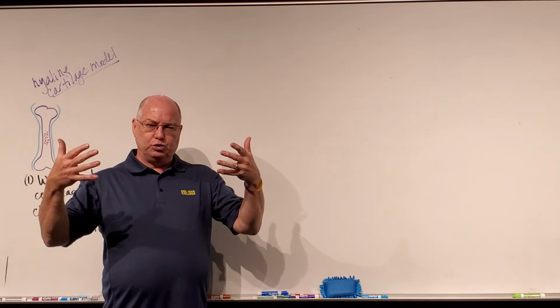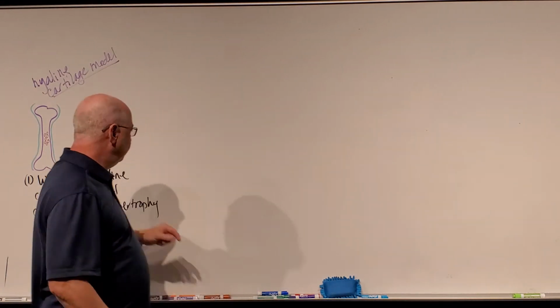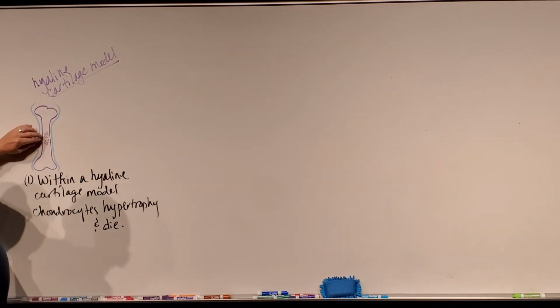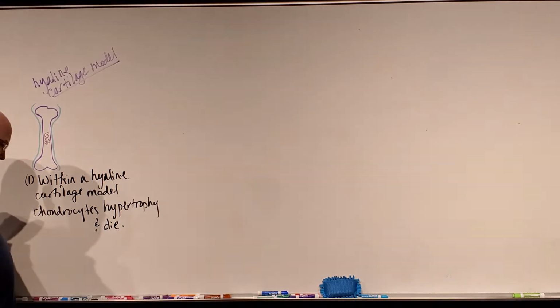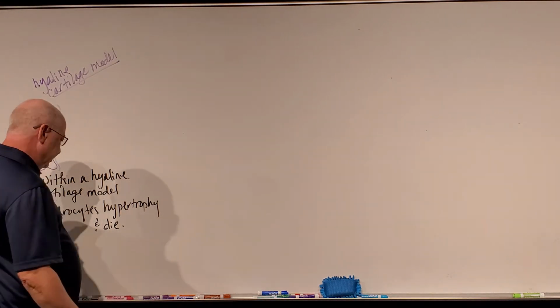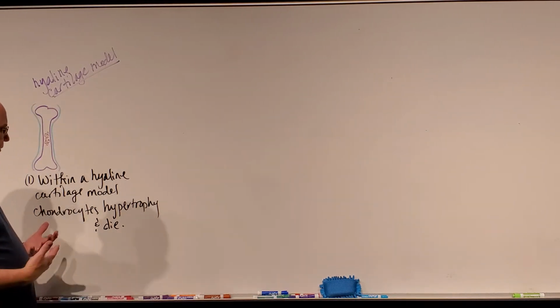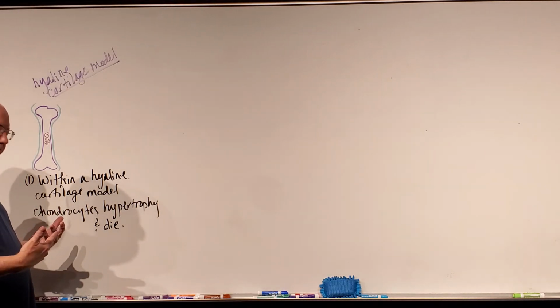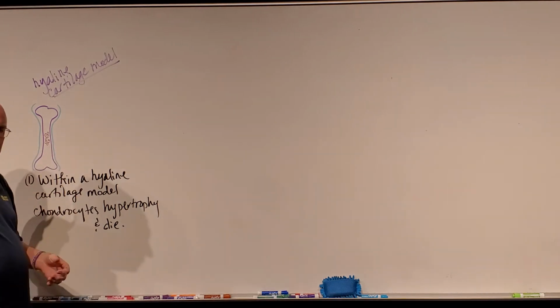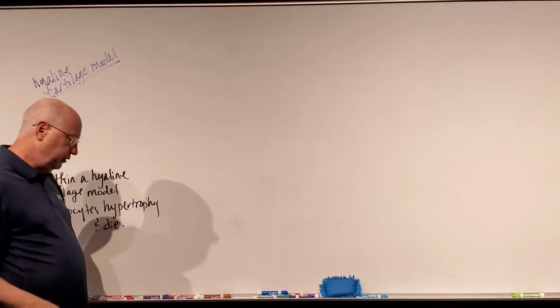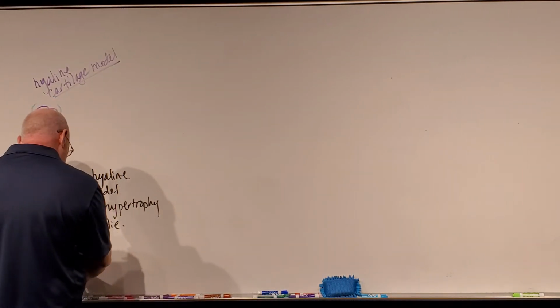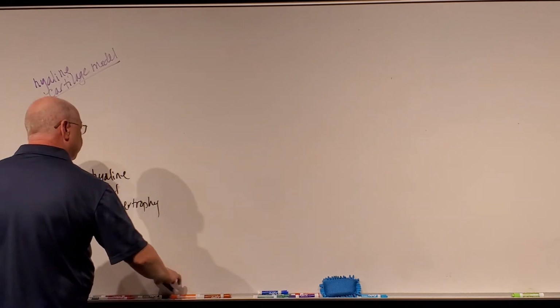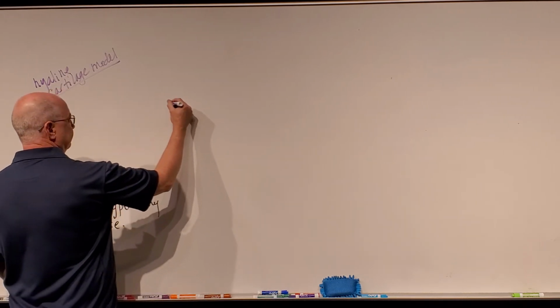And blood vessels will start to grow into and penetrate the periosteum and start to grow into the cartilage tissue. So one of the things that we will see happening next is that blood vessels will penetrate the perichondrium and grow into the middle and form a small collar of bone. And so our hyaline cartilage model will start to look like this.